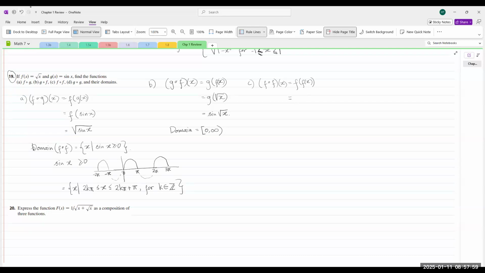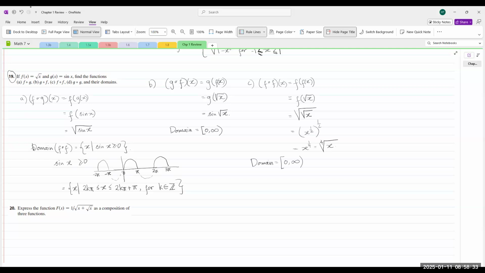This is f of square root of x, which is the square root of square root of x. If I simplify this, this is x to the power of 1/2, to the power of 1/2. That's x to the power of 1/4, which is the fourth root of x. But the domain is still the same. It has to be non-negative, right? And the range is again from 0 to infinity.